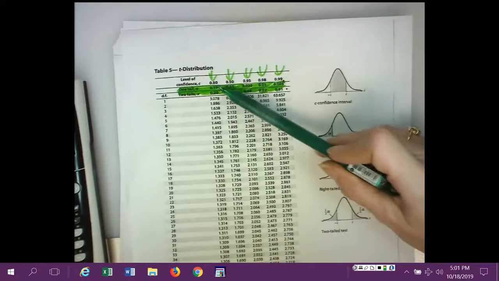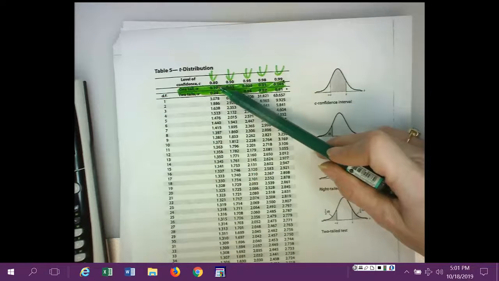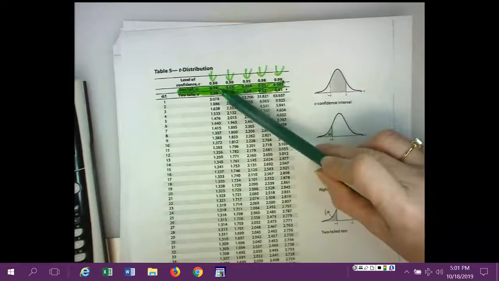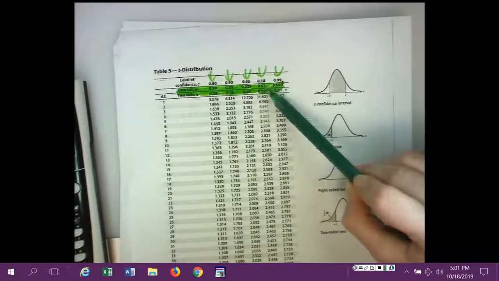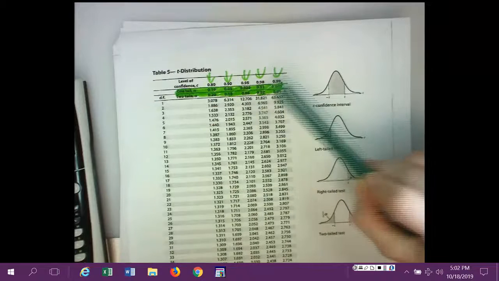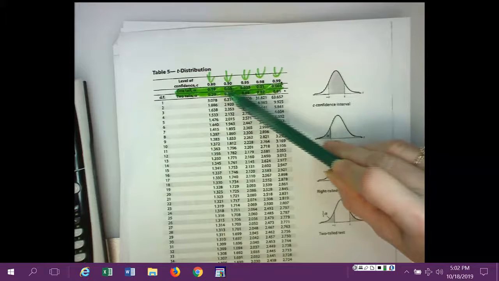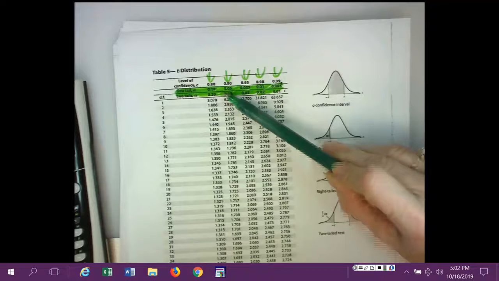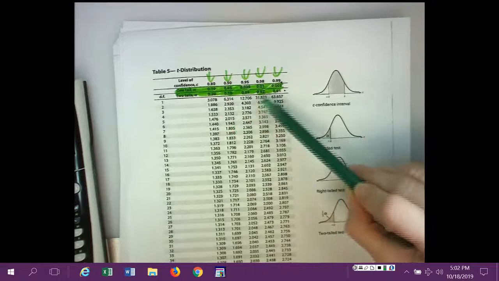Also, as a reminder, as your teacher, if it is a t-interval for the mean, I cannot ask you for any other degree of confidence. It has to be 80, 90, 95, 98, or 99. I cannot ask you for a 96%, a 94%, a 92%, a 85% when it is a t-interval for the mean.